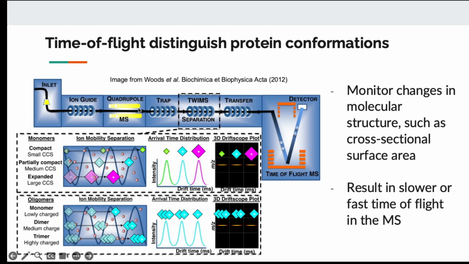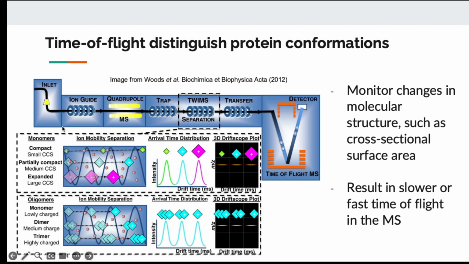Another technique that's also interesting is based on the fact that when we measure the mass over charge of the protein, like using the time of flight technique, we let the protein and peptide flow in vacuum through an electric field or magnetic field. Another factor that can affect the flow is the structure of the protein. If our protein can form dimer, trimer, tetramer, it will get larger and larger.